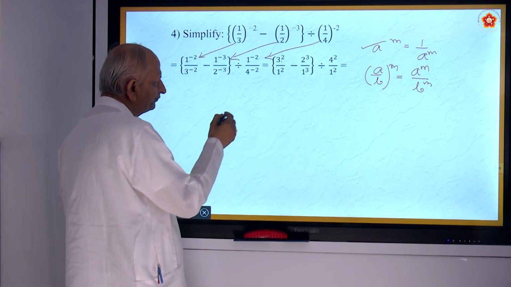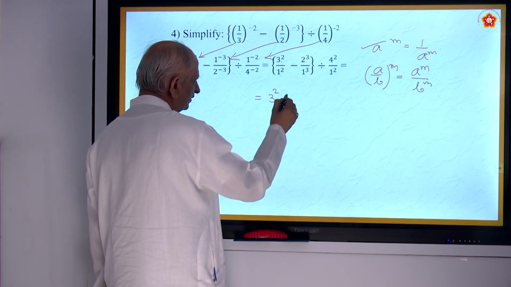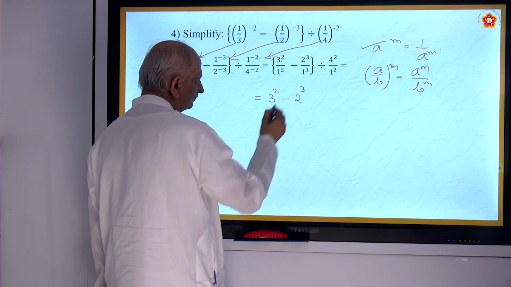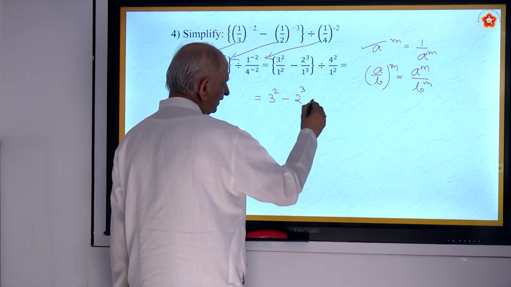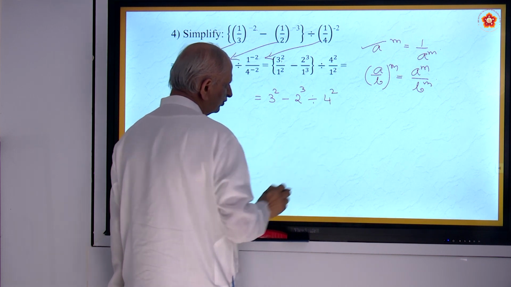Correct? So, what is 3 square by 1 square? It is 3 square only. 2 cube by 1 cube is 2 cube only. 1 cube is 1 only. Divided by 4 square by 1 square is 4 square only.